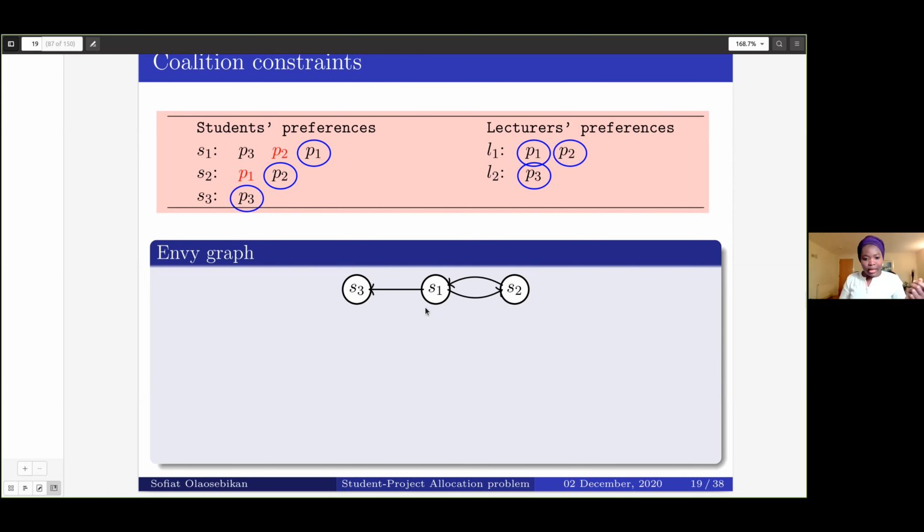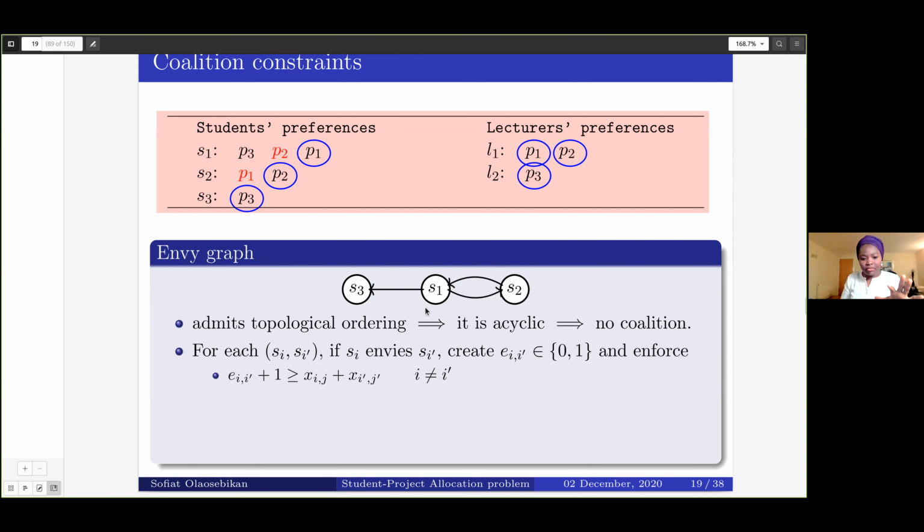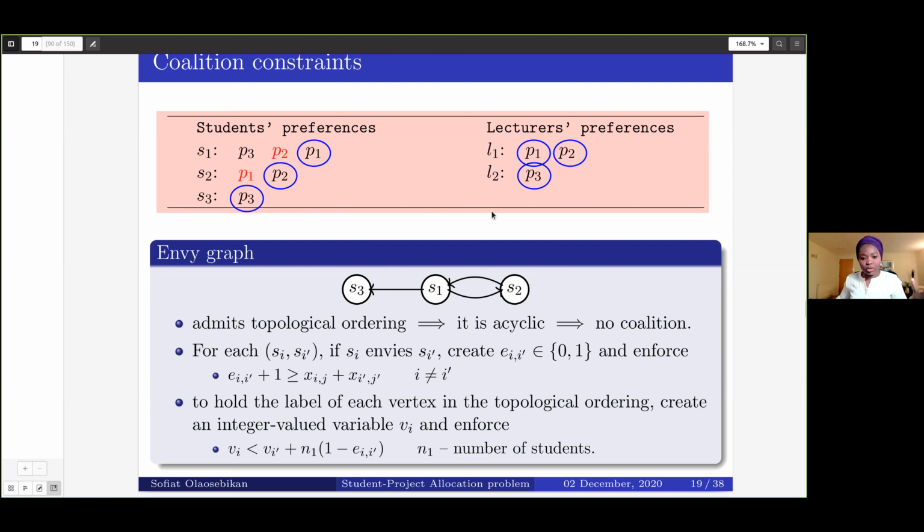And we know that if a graph admits a topological ordering, then it is acyclic. And if a graph is acyclic, then we already know it doesn't have a coalition. So that is how we enforce our coalition constraints. We define a variable to hold each vertex in the topological ordering, and then we create an integer binary variable to enforce that our envy graph admits a topological ordering.